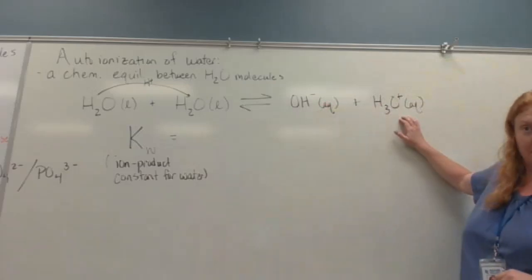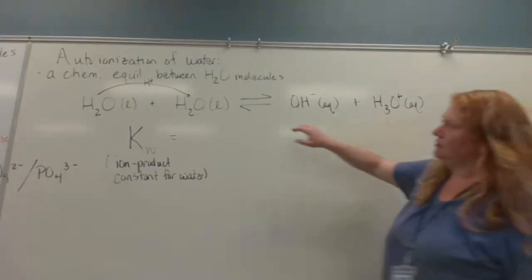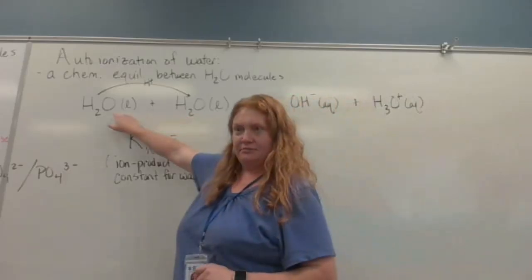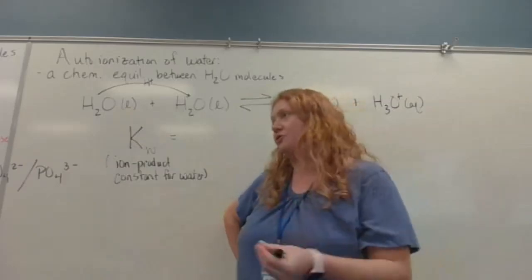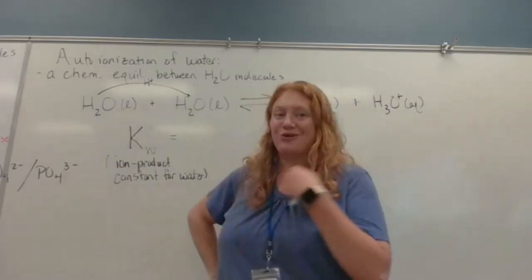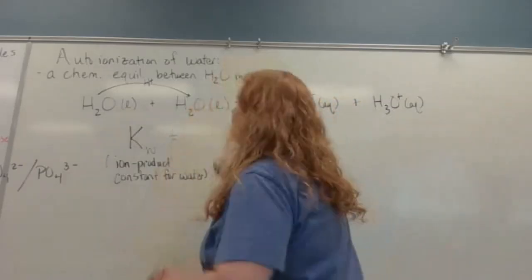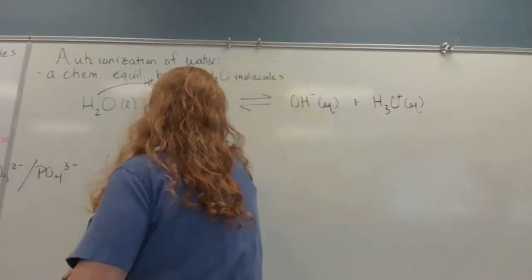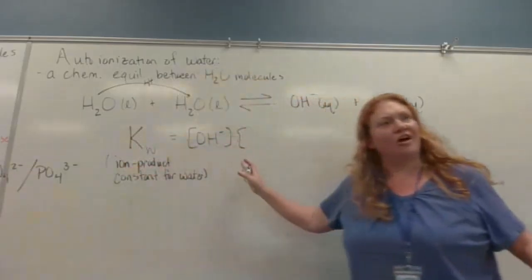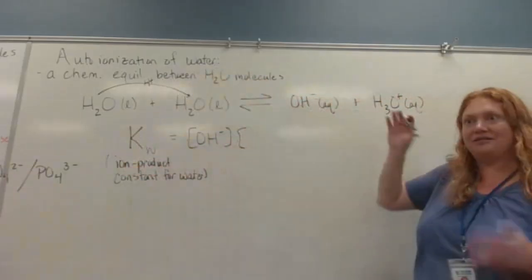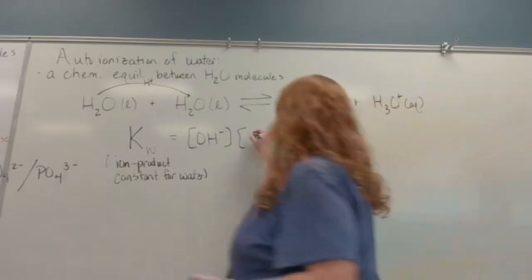Product, reactant? No. Why not these two water molecules? Because they're a pure substance, pure liquid, no concentrations. So KW for water just looks like what? Ion products. That's why it's called this. Ion times each other.